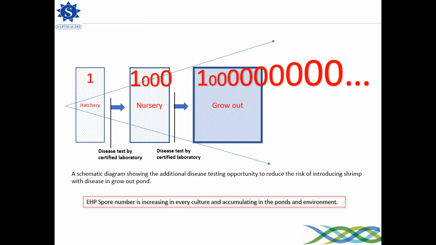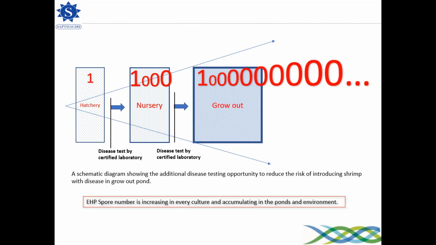So there are two entry points where we can stop the EHP. The first one is better diagnosis at the hatchery level while taking the PL. If the PL is passed, again you can do the nursery.